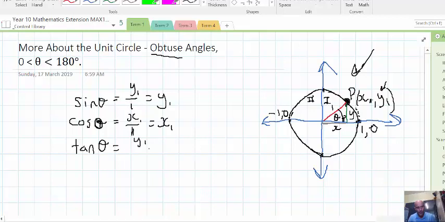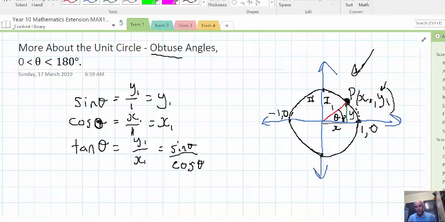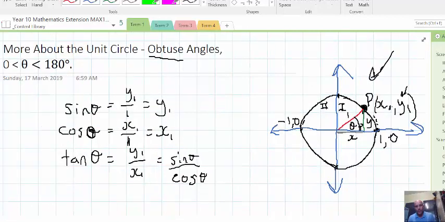In this particular case it's y1, x1, but in general it's y over x, and opposite over adjacent. Now remember, if you look above, y1 is the same as sine theta, and x, or x1, is the same as cos theta. So tan is sine over cos, if you want to put it briefly, sine theta over cos theta. We've seen that before.